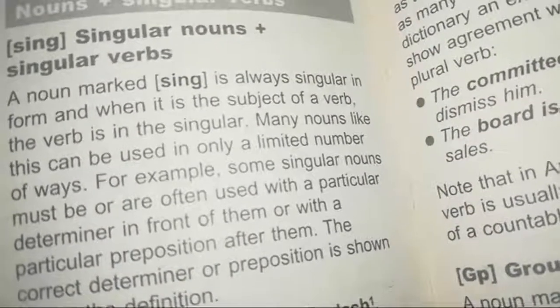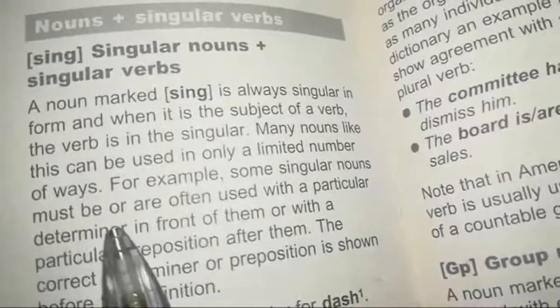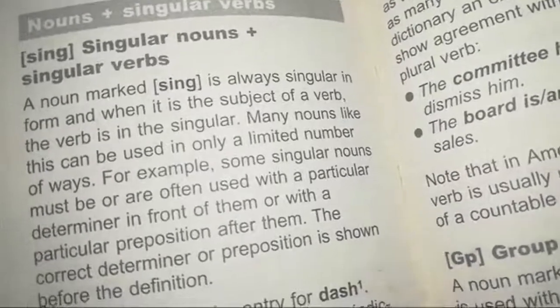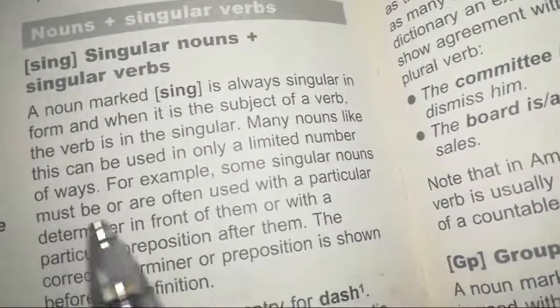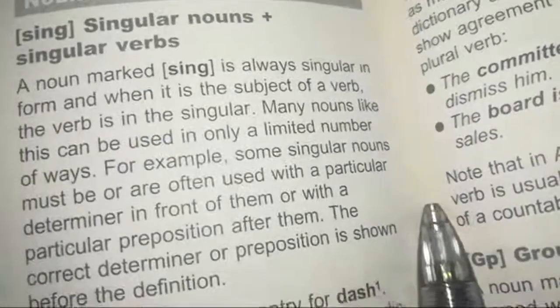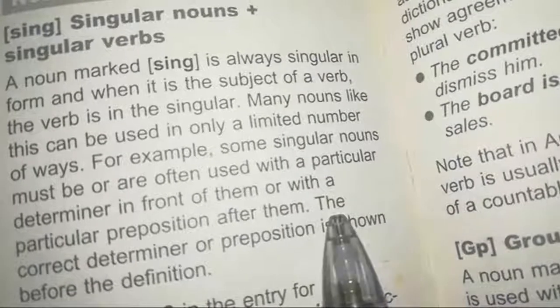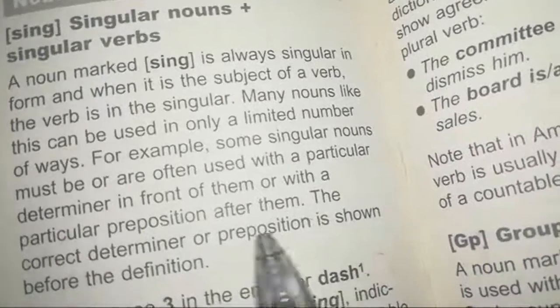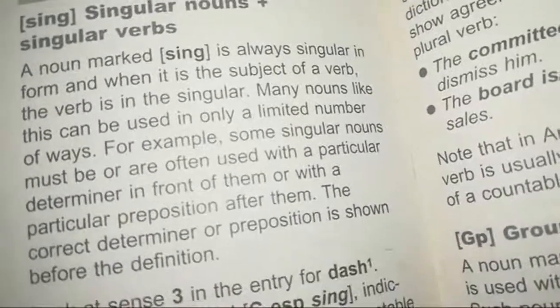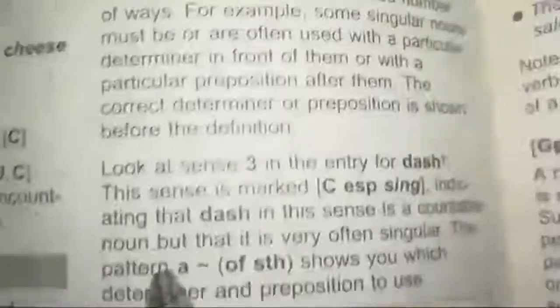For example, some singular nouns must be or are often used with a particular determiner in front of them or with a particular preposition after them. The correct determiner or preposition is shown before the definition.